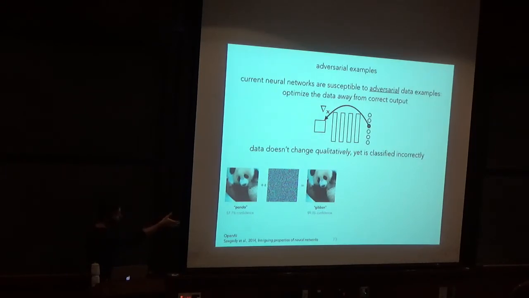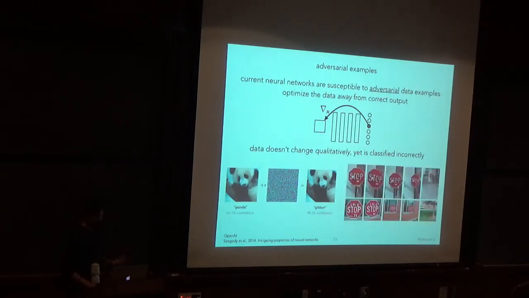It doesn't look any different qualitatively, but you can essentially fool the network into thinking this is a gibbon with 99.3% confidence, which is a bit frightening if you think about it. These models are supposed to work really well, hopefully be very robust, and yet they're breaking on these adversarial examples.